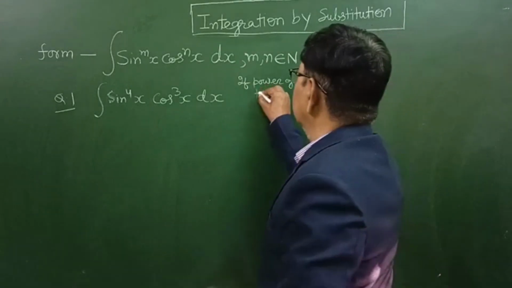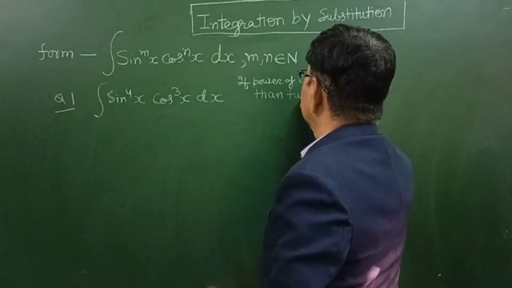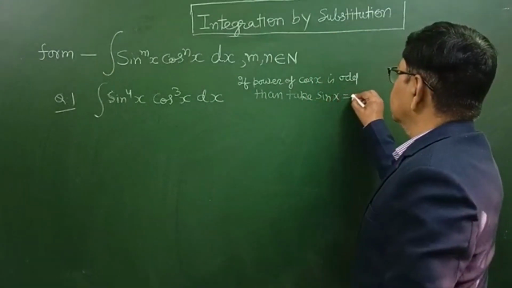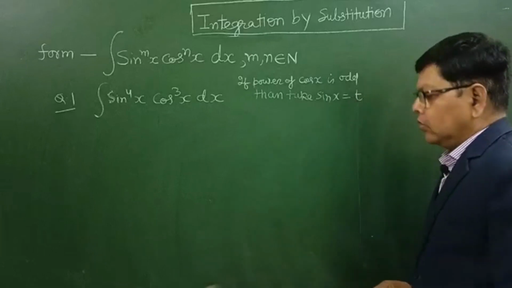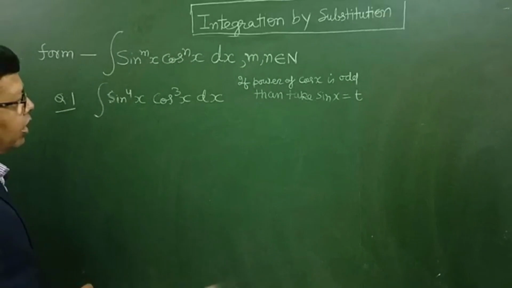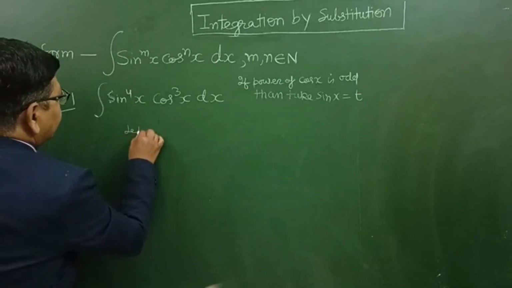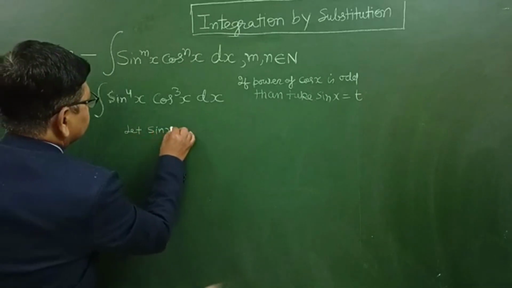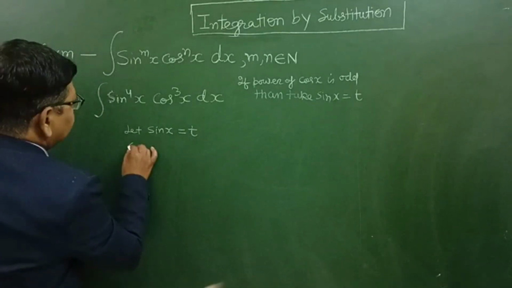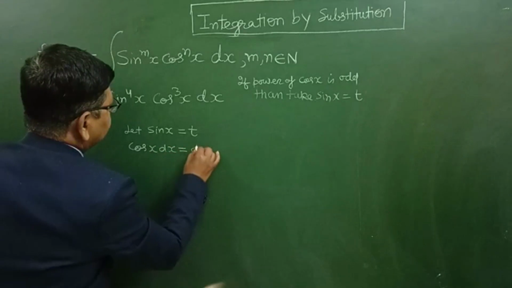take sin x equal to t. So if we take sin x equal to t here, then cos x dx is equal to dt.